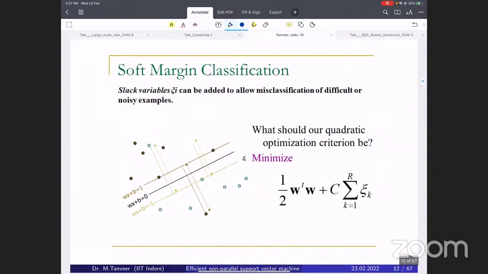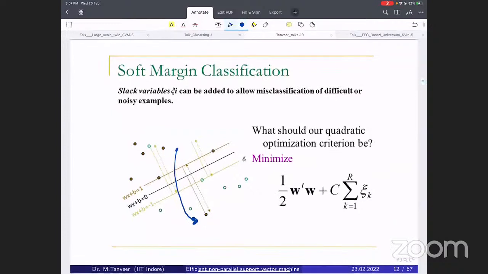Now in the soft margin, as I have given an example, if there is a misclassification, meaning a data point of this class is coming here, then it is penalized with some error, like xi1.